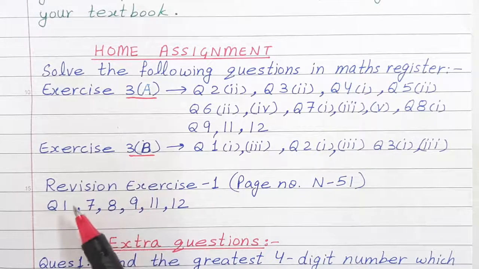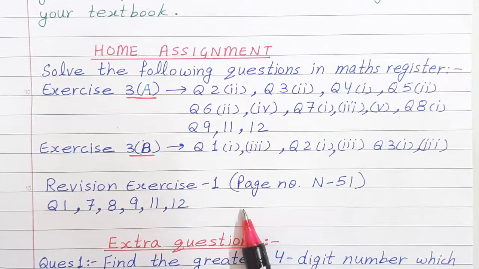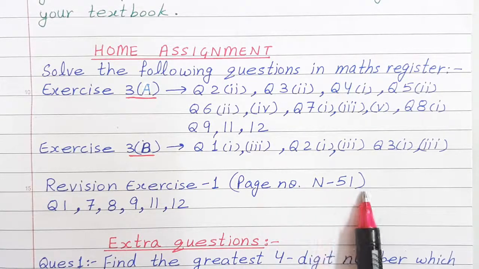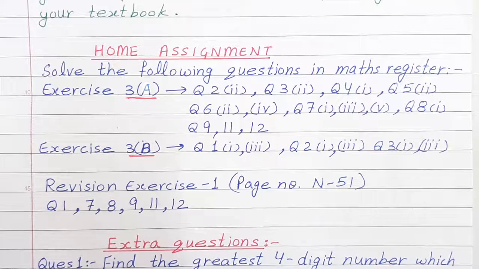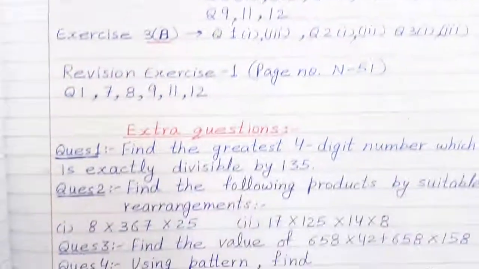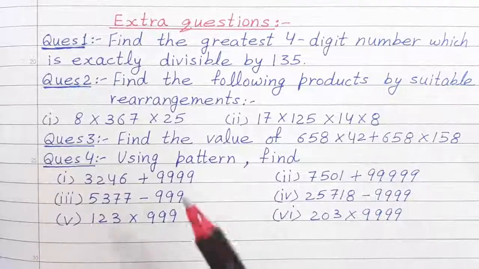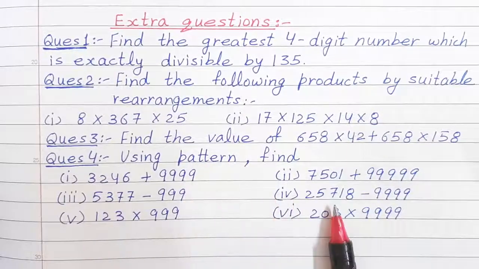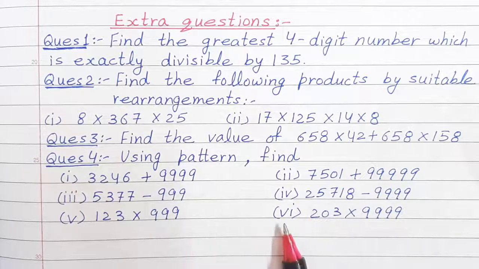Also children, revision exercise 1 that is given at page number N51 of your textbook. Do question 1, 7, 8, 9, 11 and 12. Children, a few extra questions are also given to you. Kindly do all these questions in your Maths Register. Now thank you everyone.